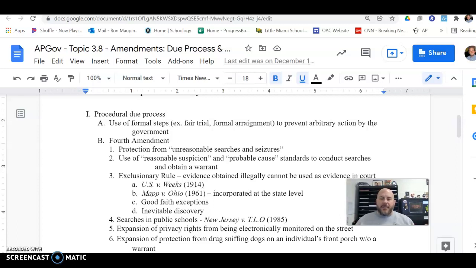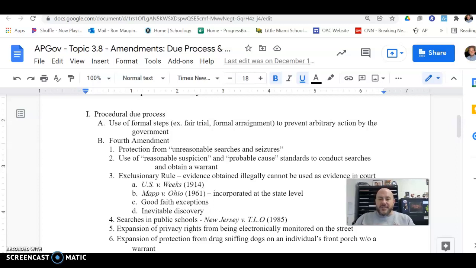Now, we've talked all about that before, and how you determine reasonable suspicion and how you determine probable cause for the general public, all that kind of fun stuff. And that then brings us to a situation of what happens if the government actually violates your rights in an attempt to obtain evidence against you. If the government does this, this is not allowed. This is known as the exclusionary rule.